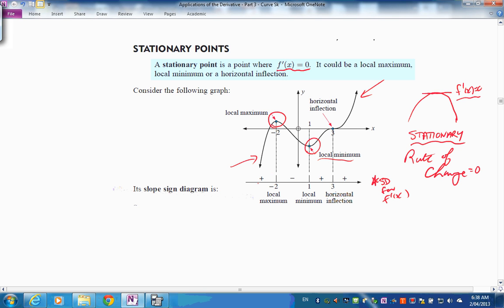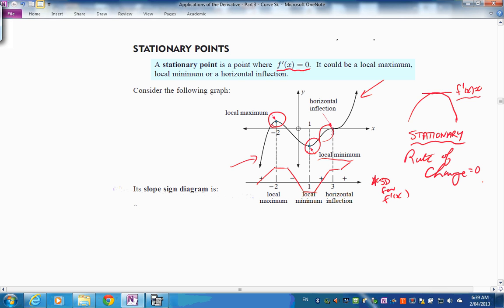We can map it: positive, flattening, negative, flattening, positive, flattening, oh, and positive. Nearly made a mistake there, because that's one of those horizontal points of inflection. Just before it changes curvature, there it is, concave to convex, concave down.